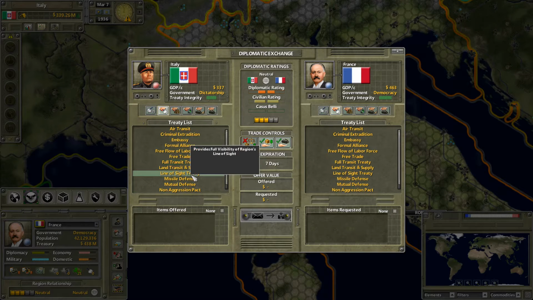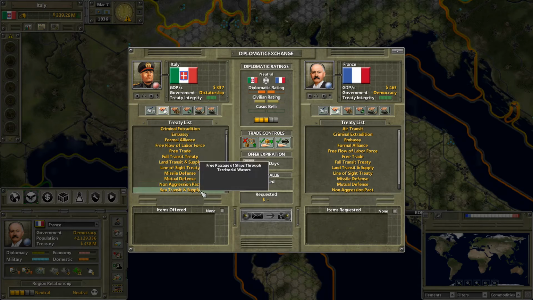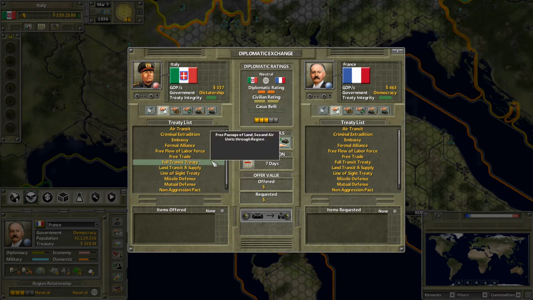And then there's the line of sight treaty, which well, it's pretty self-explanatory. You'll see what they see. Then there's the missile defense, mutual defense, non-aggression pact, and then of course sea transit and supply. And some of these are more along the way that they improve the relations, but they don't really have much effect other than that.